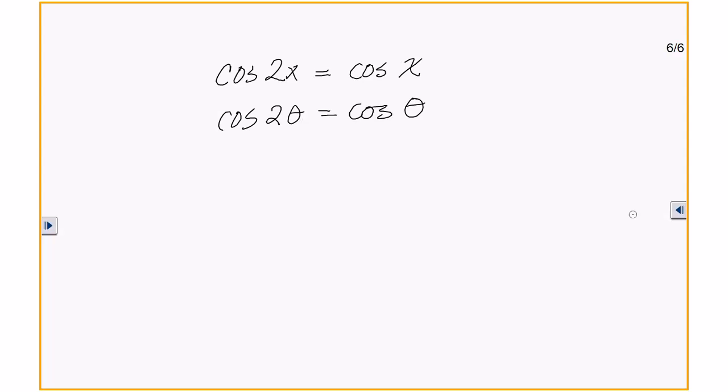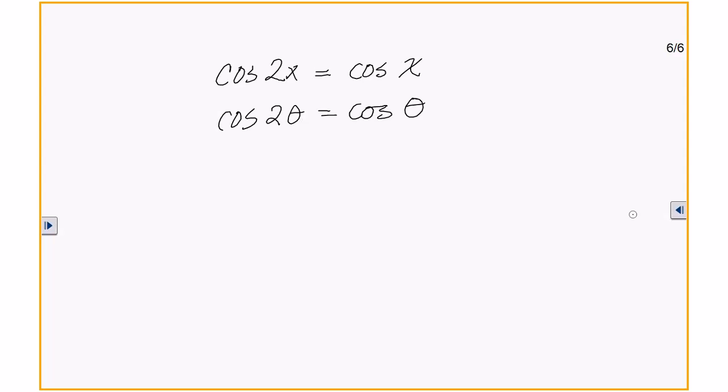Hold on a second. Make sure I copied this right. Cosine of 2x is equal to cosine. Yeah, use the double angle on the left-hand side, and rewrite it in terms of cosine. So on your double angle, I'm looking for it on here. There it is. See that 2 cosine squared minus 1?